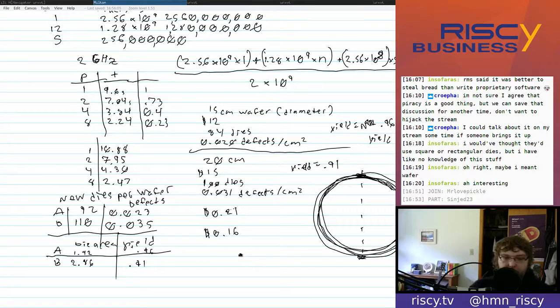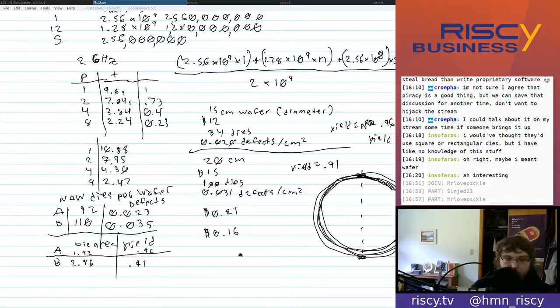So the question says assume a fabrication process improves the yield from 0.92 to 0.95. Find the defects per area unit for each version of the technology given a die area of 200 millimeters squared.